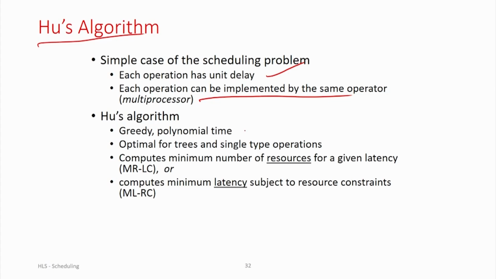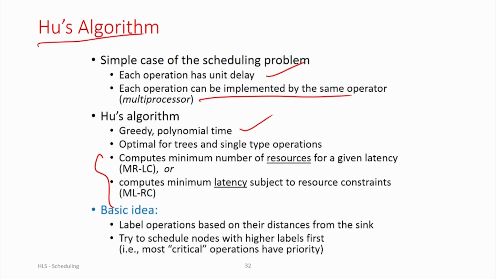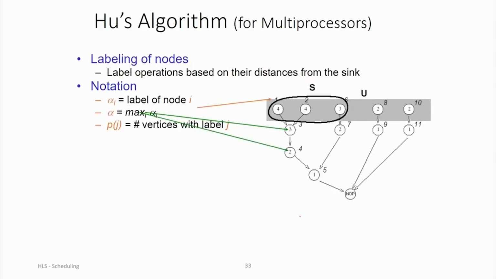So, this is a greedy and polynomial time solution, and both MLRC and MRLC can be solved using this algorithm. The basic idea is that it maintains a value for each node, the distance from the sink node. Let me consider the same differential equation solver example, but assume that all operations are now of the same type, say all are adders.